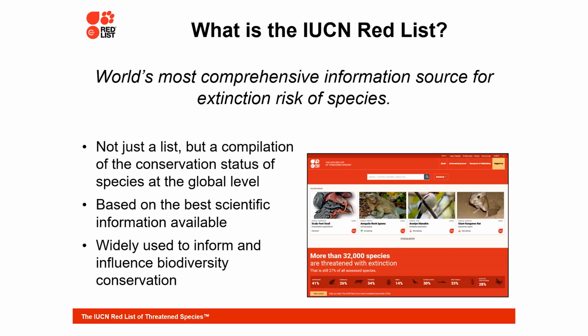This information is widely used to inform and influence biodiversity conservation and decision making, making the IUCN Red List a global gold standard for informing conservation action. It helps to prioritize and put in place conservation measures.